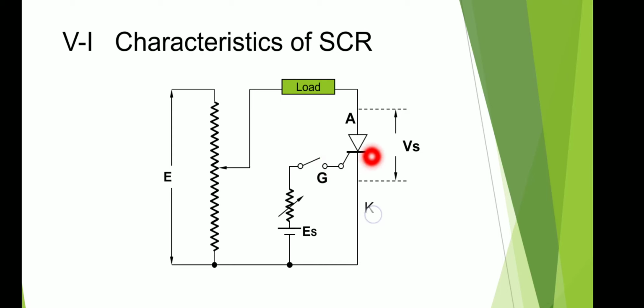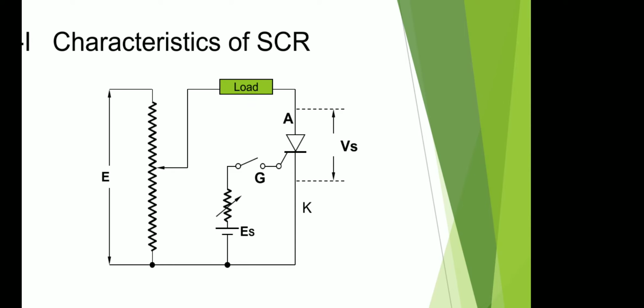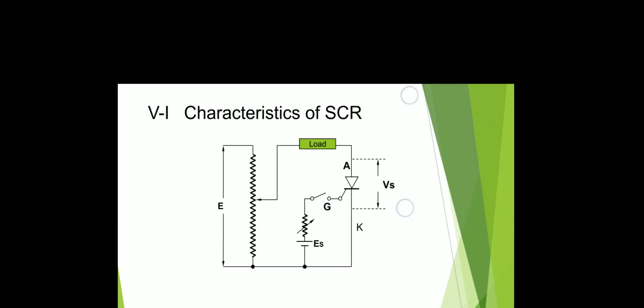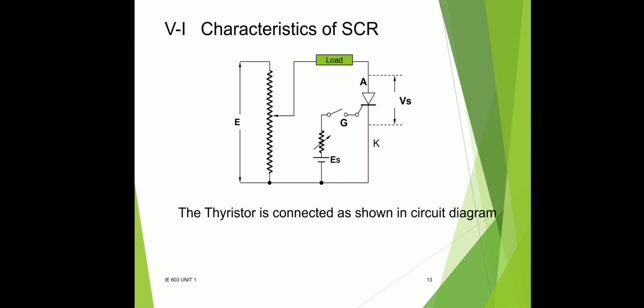The supply is connected to the anode and cathode terminals through the load, and a positive voltage is applied to the gate through a two-state switch, open and closed. This is the Vs voltage. This is the construction of the SCR.